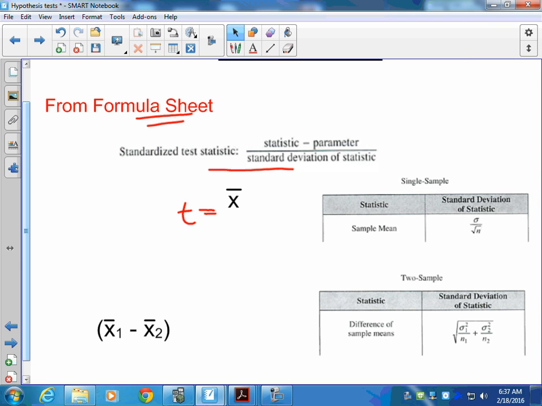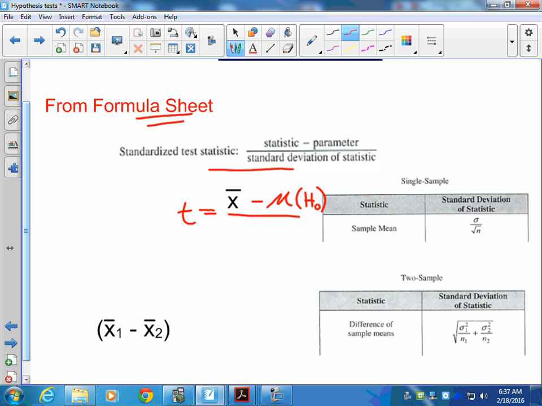Our t-value is going to use our x bar minus the mean value from your null hypothesis, whether it's 0 or a specific value, and then divided by the single sample standard deviation. We just copy over that formula and then we build our t-value.